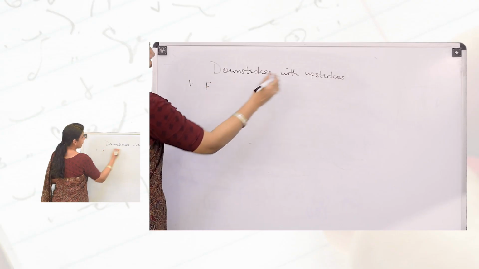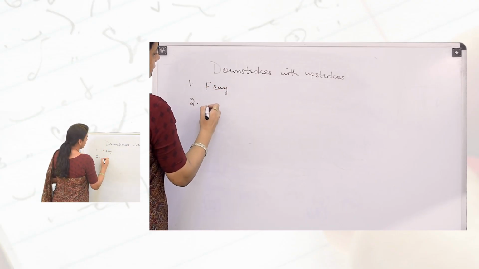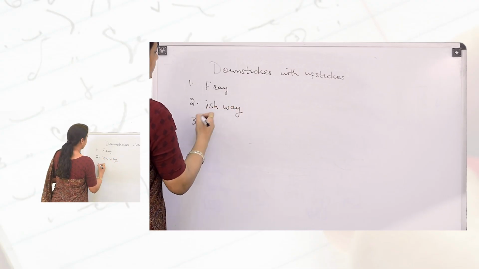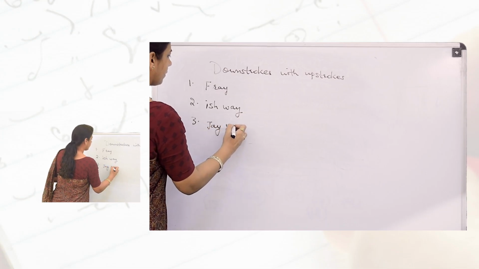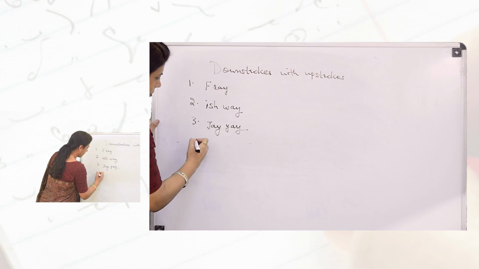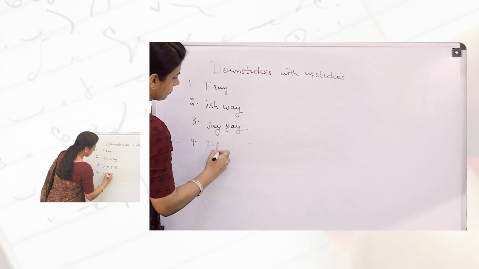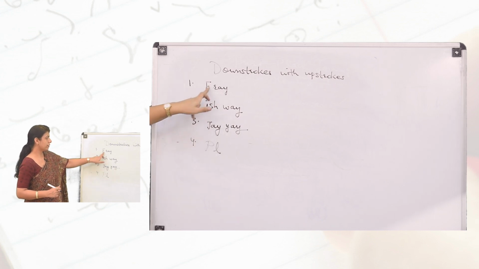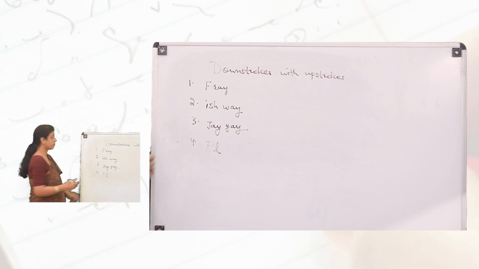Example, F, re, ish, ve, j, ye, PL. Now these are combinations of downstroke plus upstroke. So how to join them at third place?